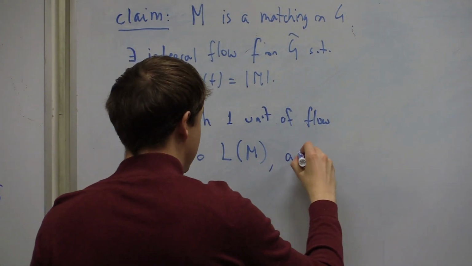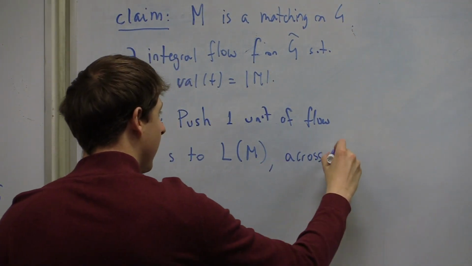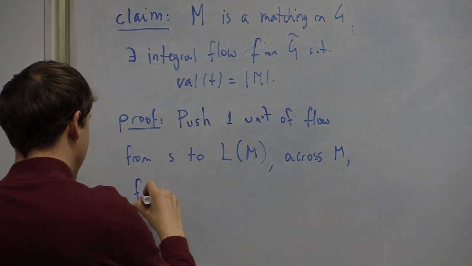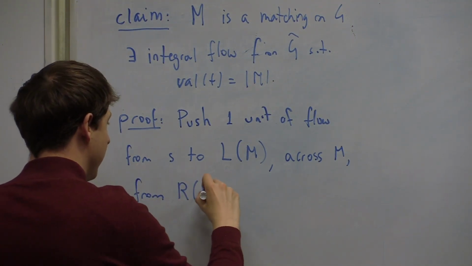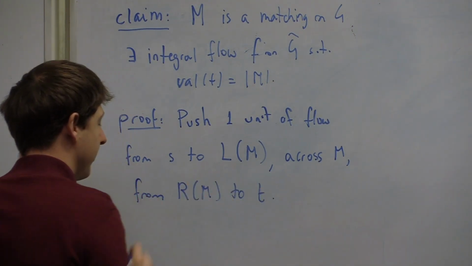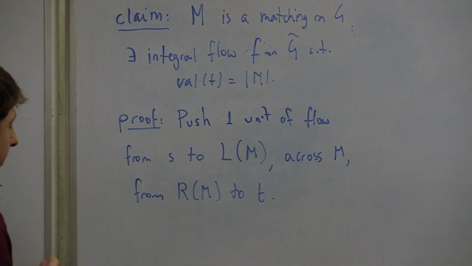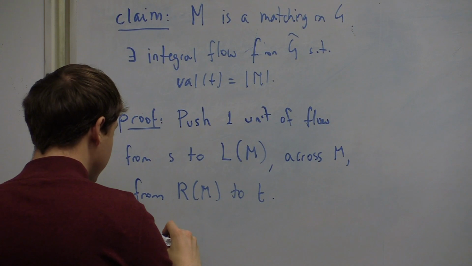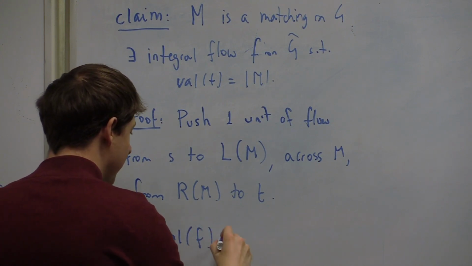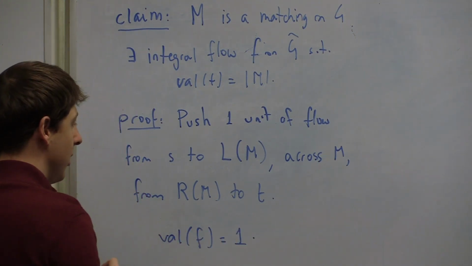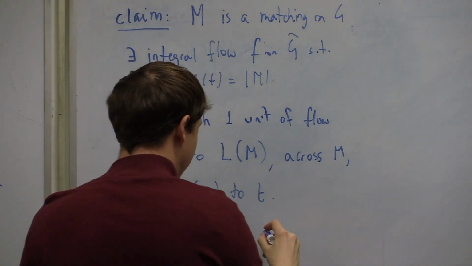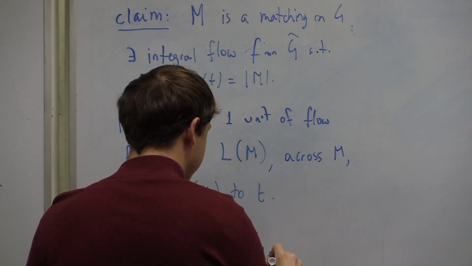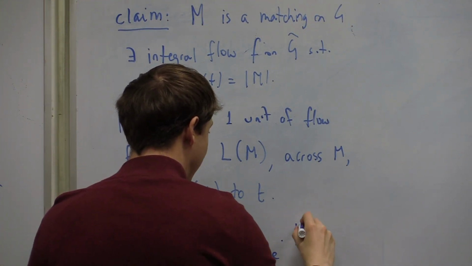And then across M, and then from R of M to T. And since we're passing one unit of flow per edge, and we have |M| edges, the value of F is |M|.